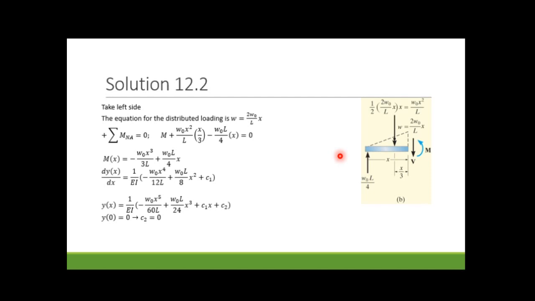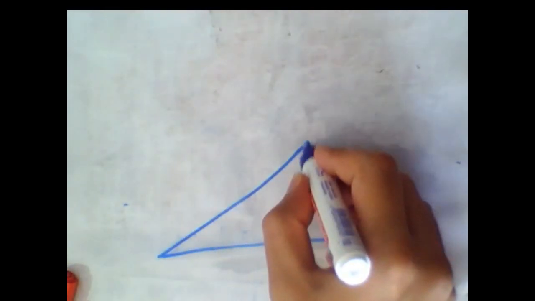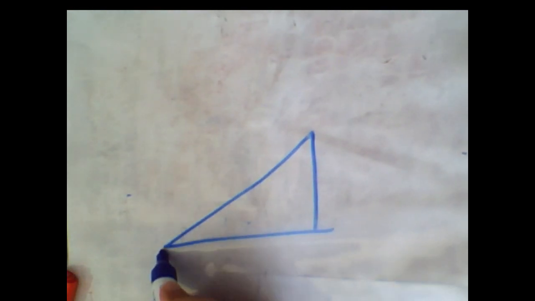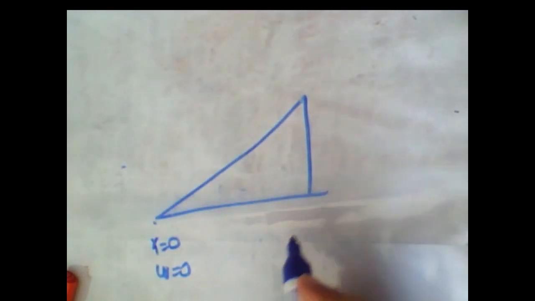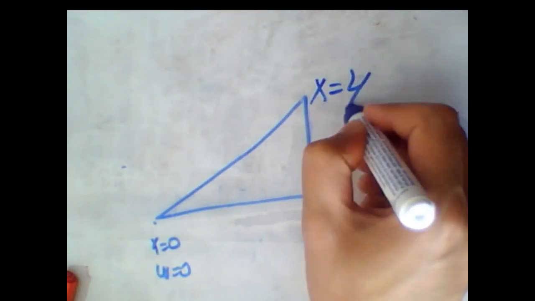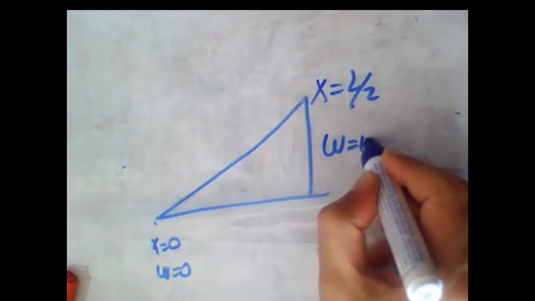First of all, I want to derive the loading function. What is the loading function? The loading function is omega equal to 2 omega 0 over L times x. If you have any trouble finding it, I can help you. So I want to pass to the webcam. You remember, when x equals 0, omega is equal to 0. When x equals L over 2, omega is equal to omega 0.